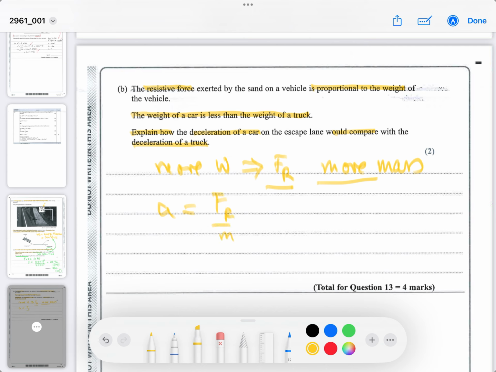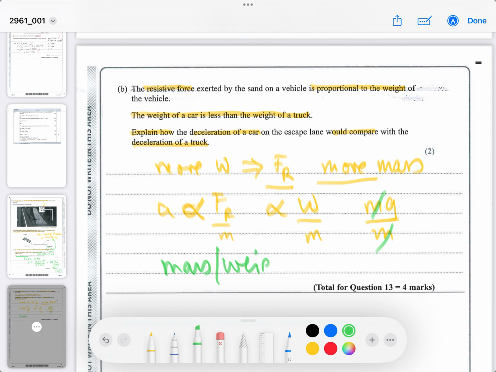Now the resistive force is proportional to the weight, so you could put weight divided by mass, and since weight is equal to mg, divided by m, you can see that the mass just cancels out. So the mass is not going to make a difference.